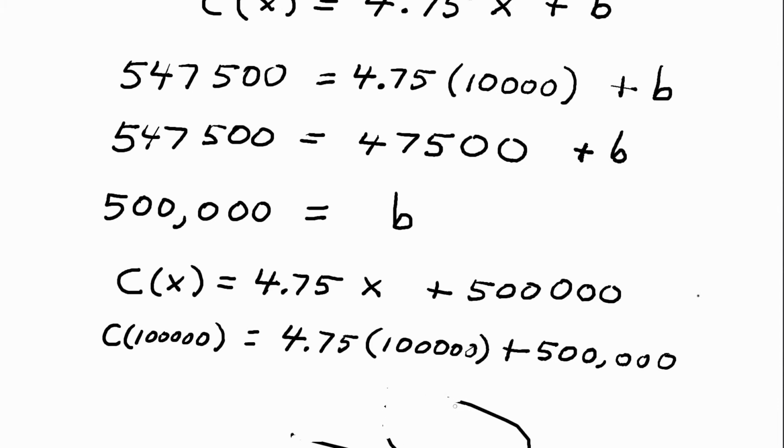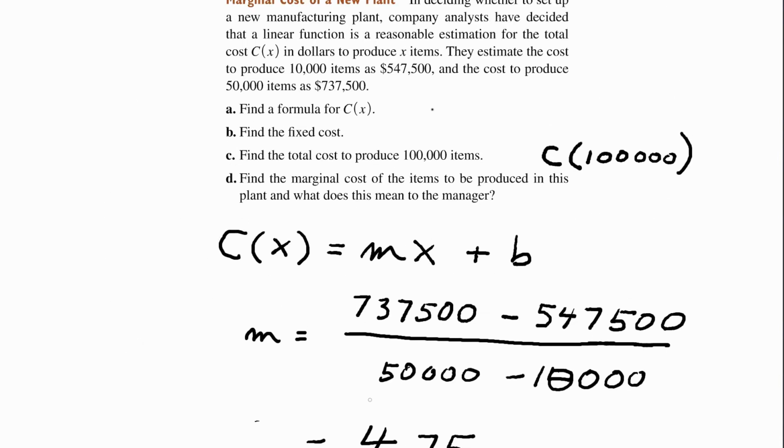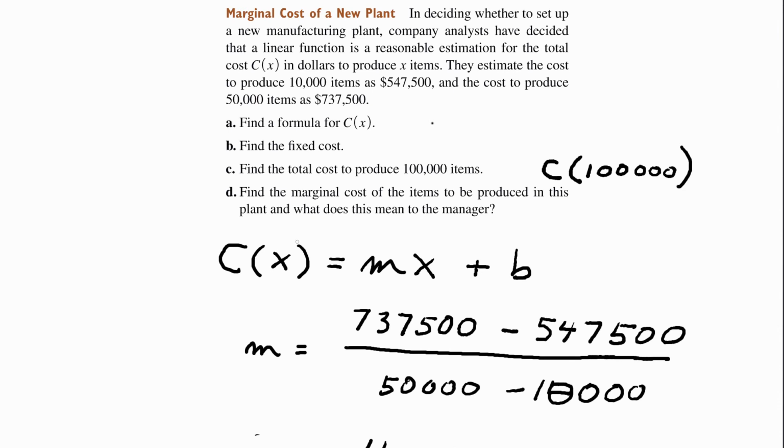So 475,000 plus 500,000 gives us 975,000. So that would be the cost of producing 100,000 items.